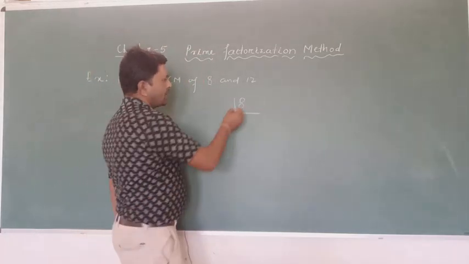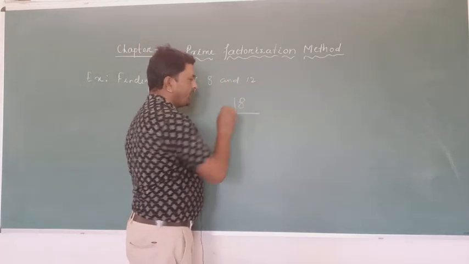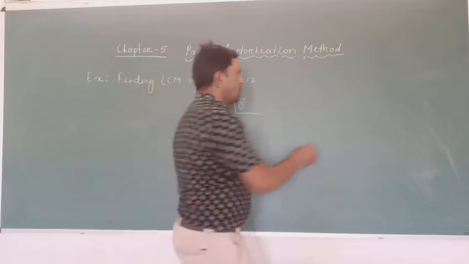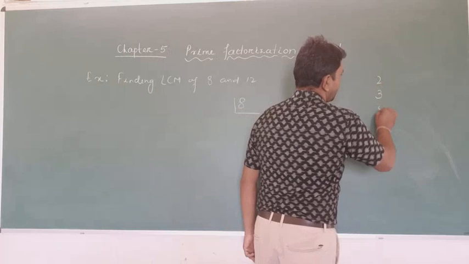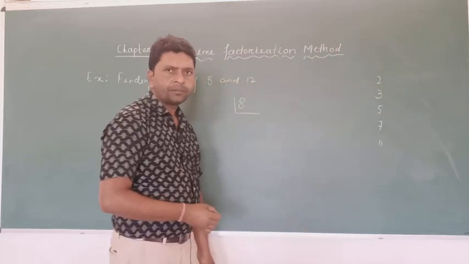To factorize 8 with prime factorization, we have to divide it by prime numbers only, like 2, 3, 5, 7, 11. These are your prime numbers.